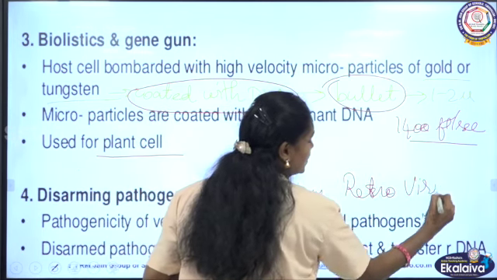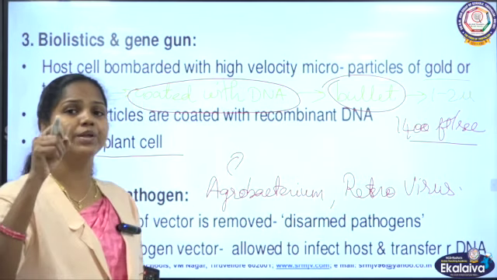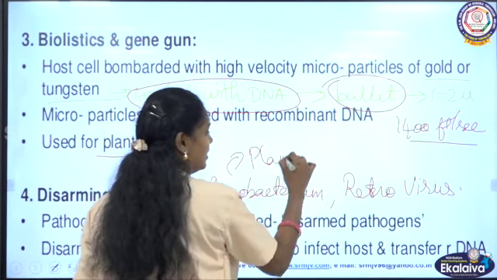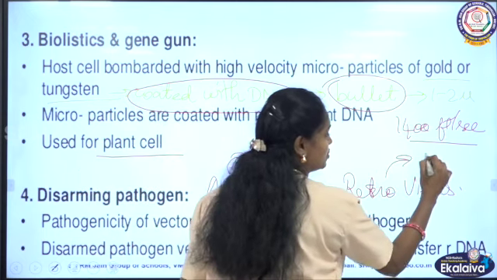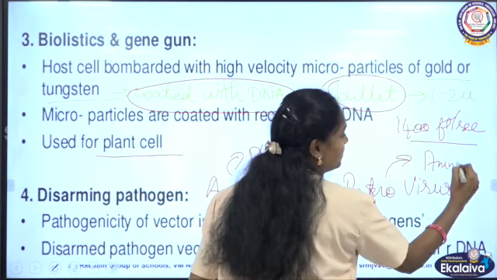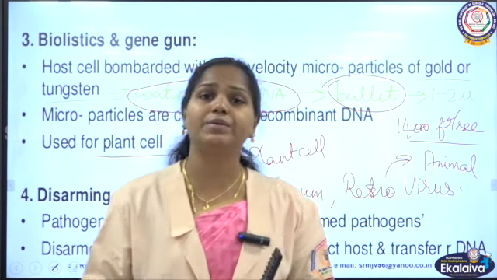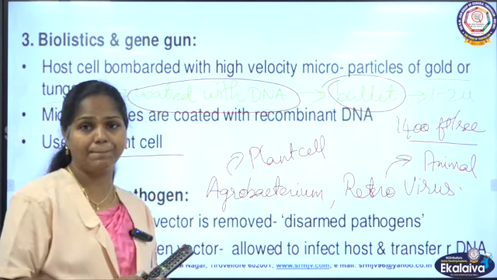In these two cases, Agrobacterium tumefaciens is used for introducing genes into our plant cell with the help of the Ti plasmid, and retrovirus is used to introduce our DNA into animal cells. So these are the different methods we use for making our host competent.